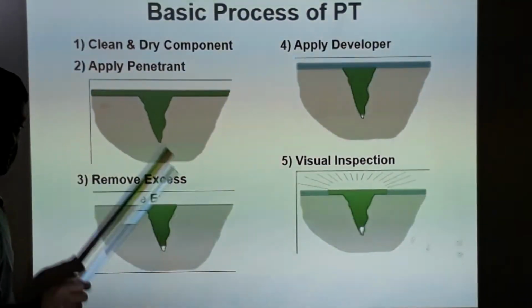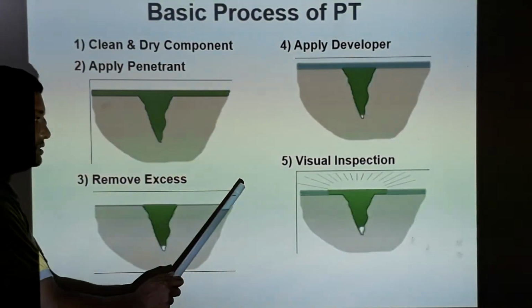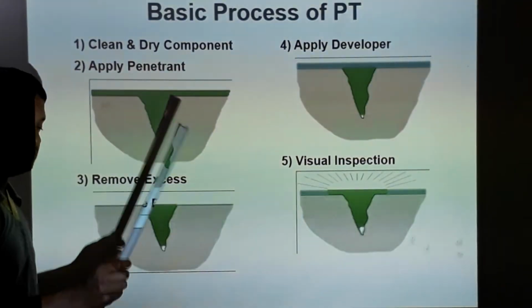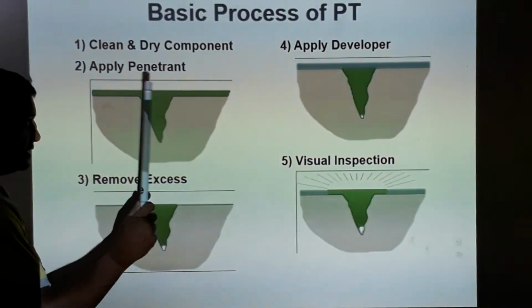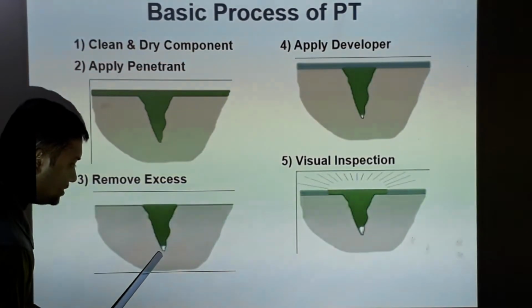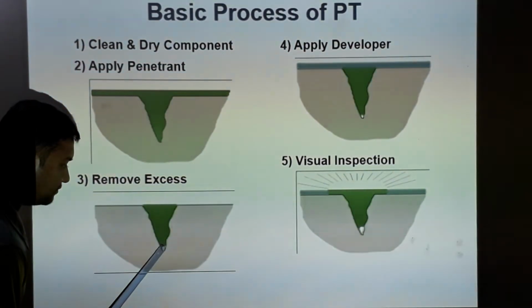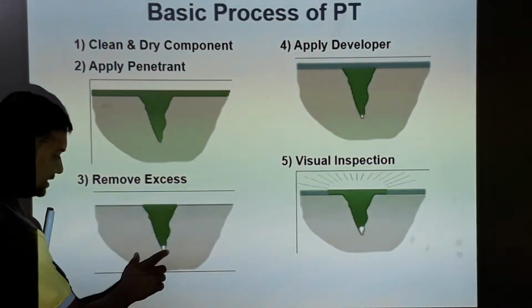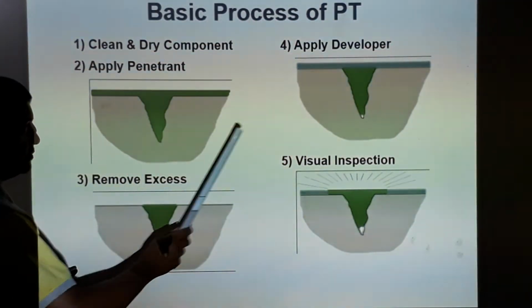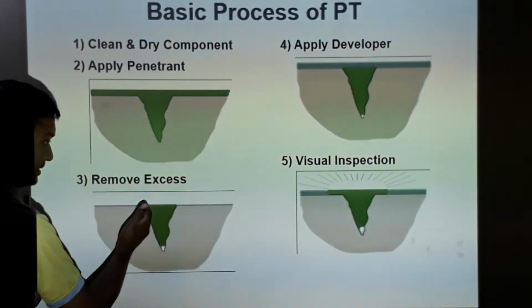The last is visual inspection. And remember, this visual inspection is very simple, but you just saw it in the previous 2-3 figures. Now this is the penetrant that got voided, and you can see a void created over here. The second is also a void created over here due to the washing of excess penetrant.